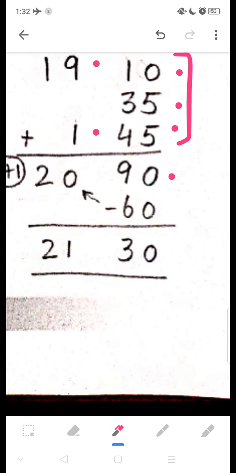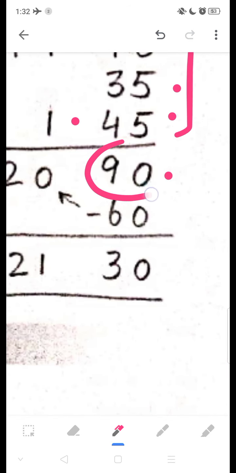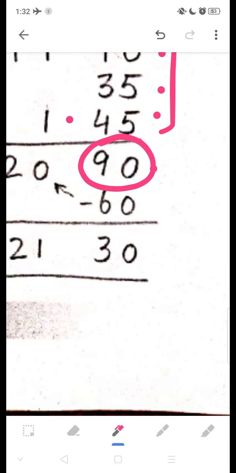When we have done the addition, we check whether our minutes are smaller than or greater than 60. If they are equal to or greater than 60, we subtract 60 from them and give these 60 minutes to the hour side. 60 minutes is equal to 1 hour.